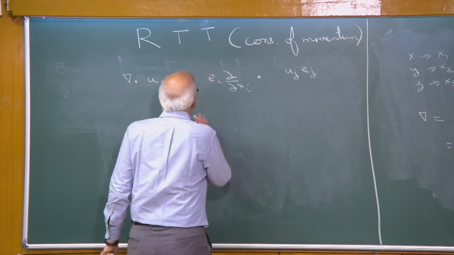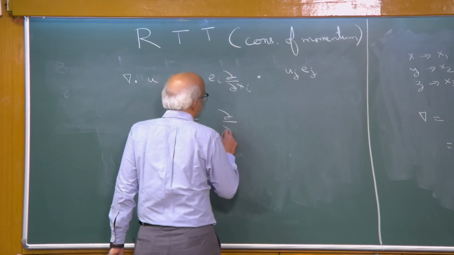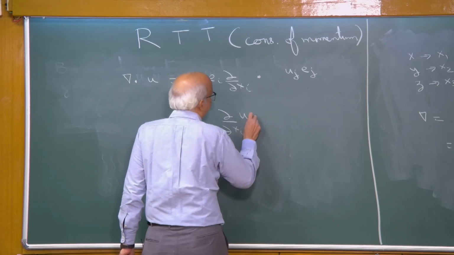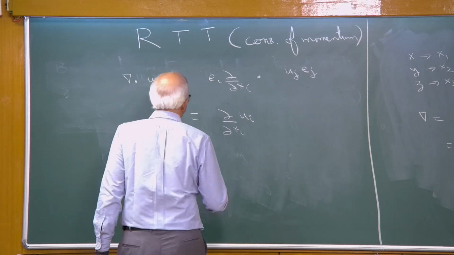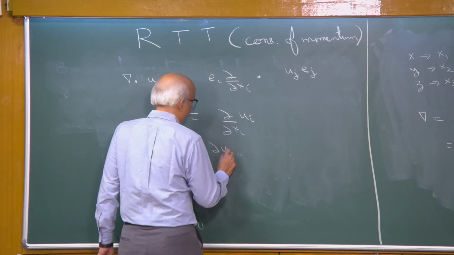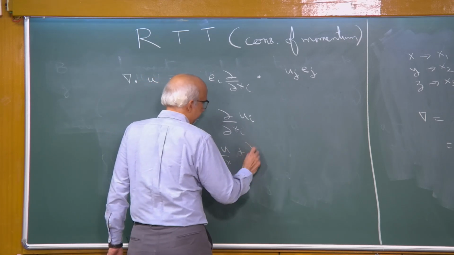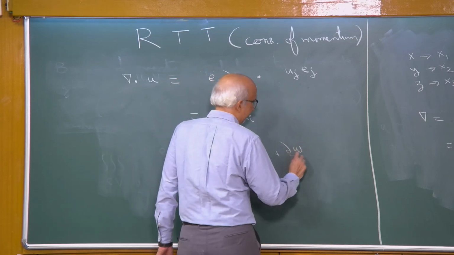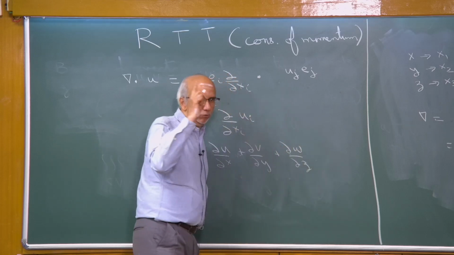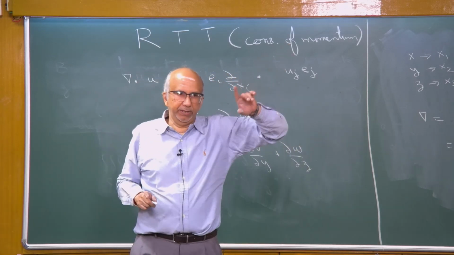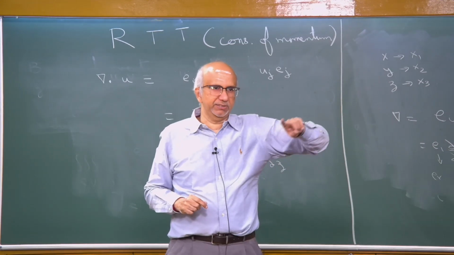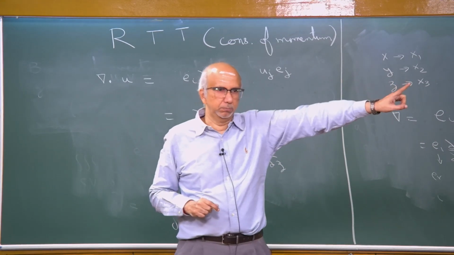So this is equal to d by dxi of ui, and this is your du by dx plus dv by dy plus dw by dz, which is what you are normally used to thinking. In the x direction it is u, in the y direction it is v, in the z direction it is w.